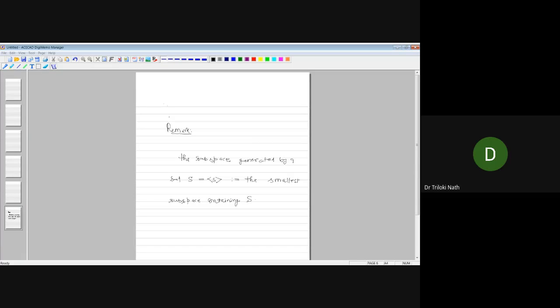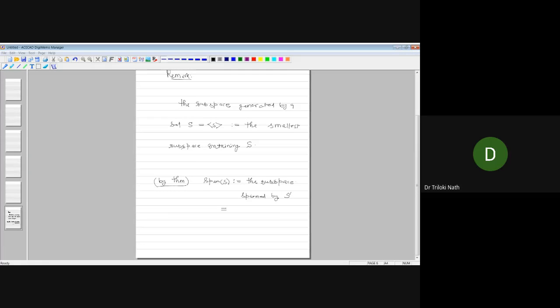And by the theorem we have seen in the last lecture, the span of S, that is defined as the set of all linear combinations of the set, which is actually a subspace, the subspace spanned by S, turns out to be the same thing as the smallest subspace containing the set.